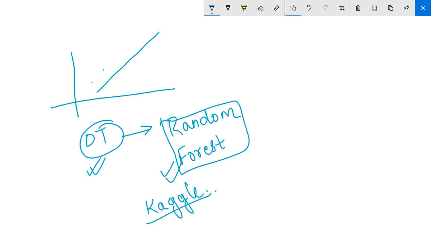Kaggle environment and all. If anyone has no idea about Kaggle, Kaggle is a website, kaggle.com, completely based on data science, where you get a lot of data sets, data frames, and projects to work on and practice on. Even companies hire on the basis of Kaggle.